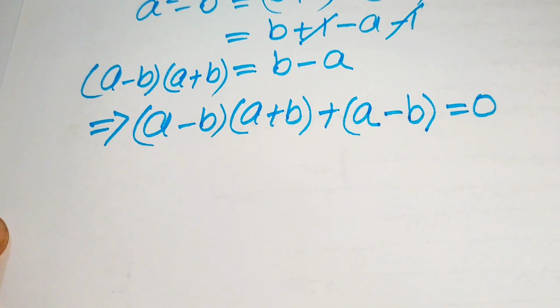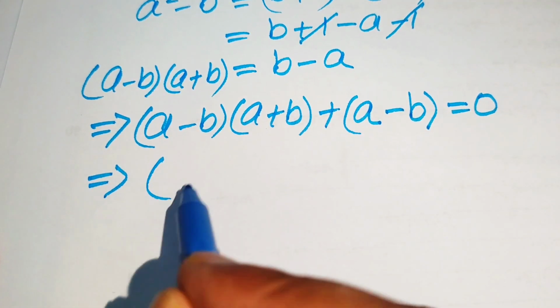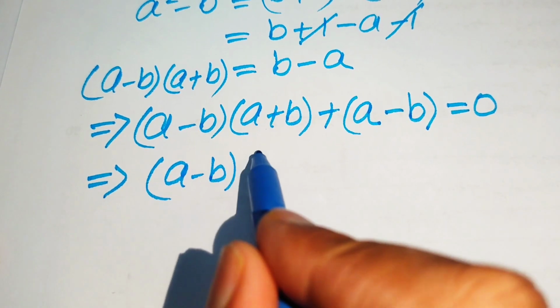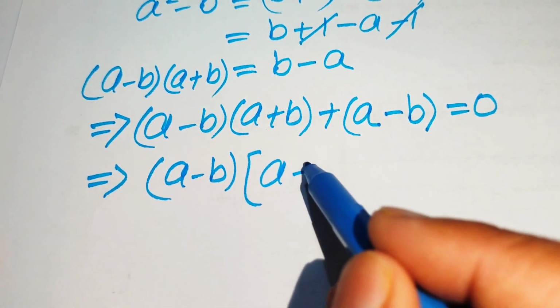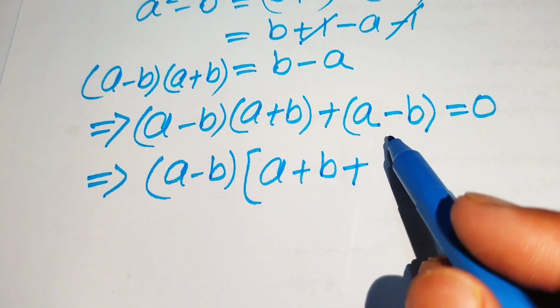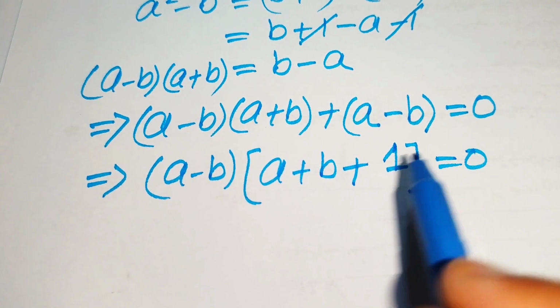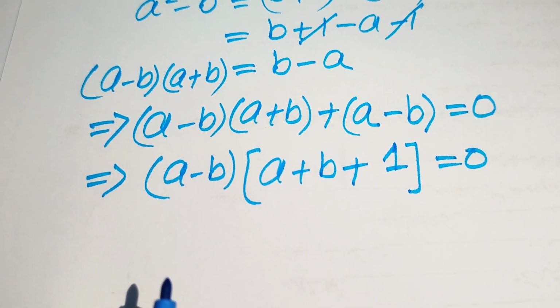In the next step, you see clearly we have a − b as the common factor, so we take it common, and the remaining terms are a + b + 1, and this whole is equal to 0.